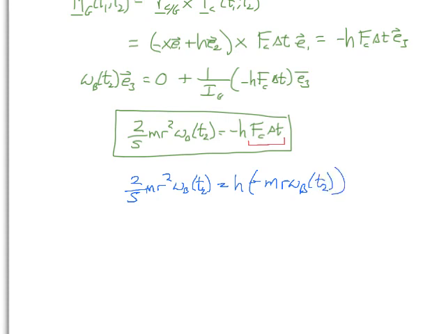So we've got a lot of terms that are going to cancel. Our omegas cancel. We get an r that cancels on the left side with an r on the right side. Our mass cancels and our mass cancels. And then when we solve for h, the height above the center of mass is equal to 2/5 multiplied times the radius.